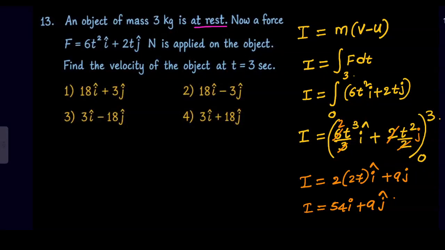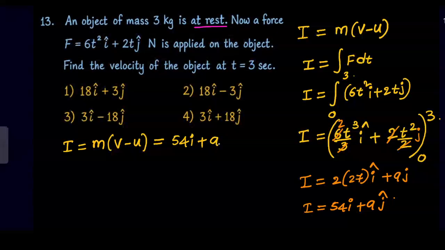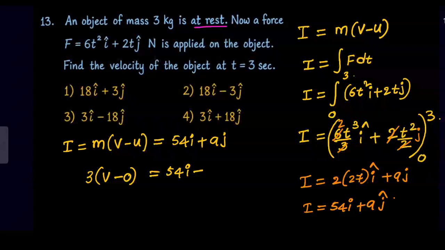Now what we need to find now here? Velocity we need to find. So the impulse formula is what, tell me now? That is m into v minus u, na. So that we got it as 54i plus 9j. So mass we have as 3. Final velocity we need. Initial velocity 0. Yes, that is 54i plus 9j.